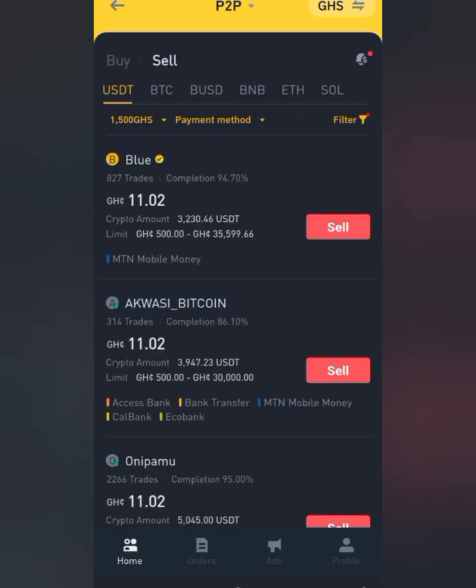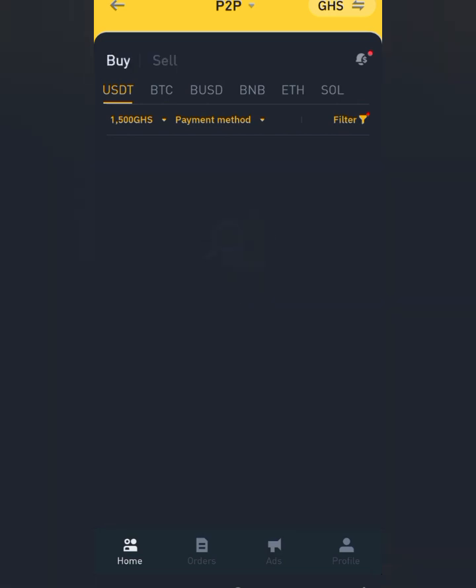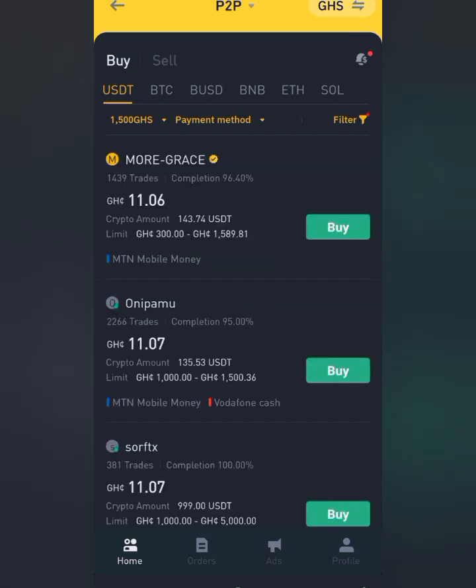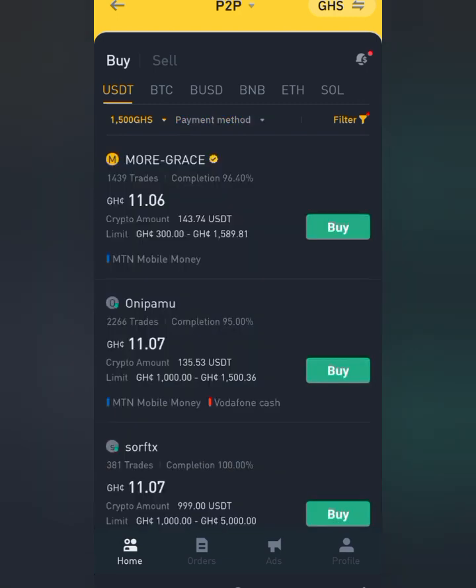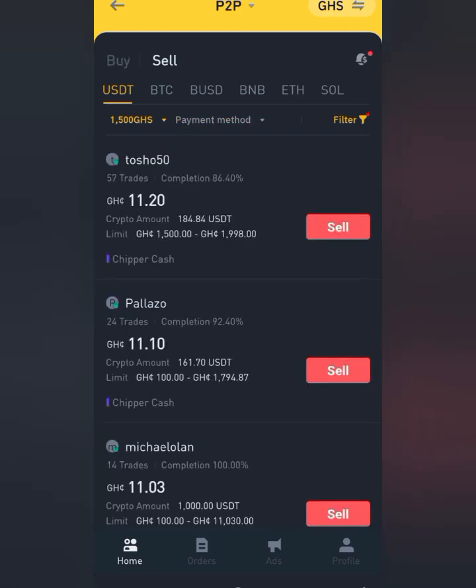You can see that it's not profitable. When you're doing it from Momo to Momo, or from Vodafone Cash to Mobile Money cash, when you try to sell it, it's going to be less. But if you're buying, it's going to be high, which is the statutory way it's supposed to be. But if we take it back, you will see that in the sell section there's profit.